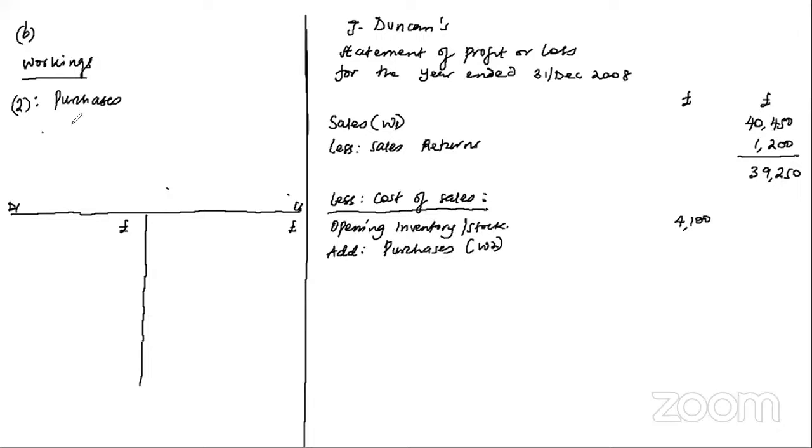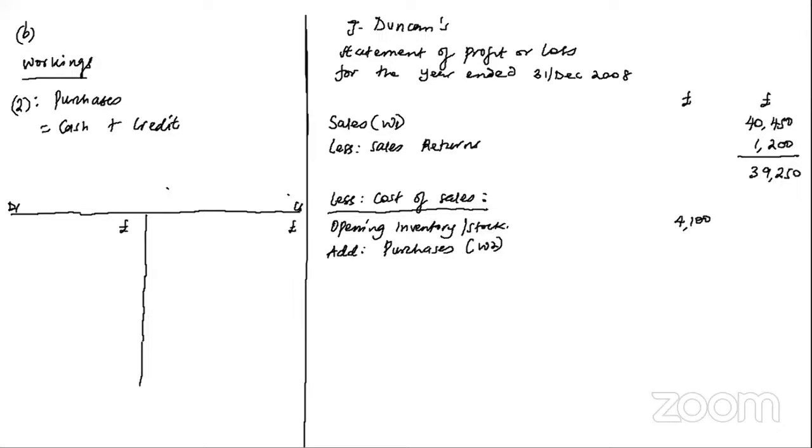So your purchases still equal the cash plus credit purchases. We need to get the cash purchases plus the credit purchases as well. But now, do we have cash purchases?